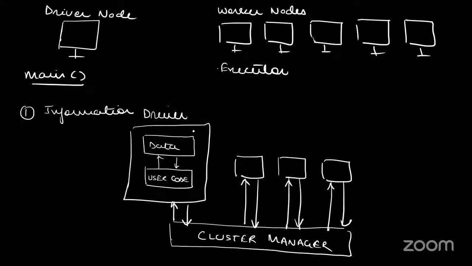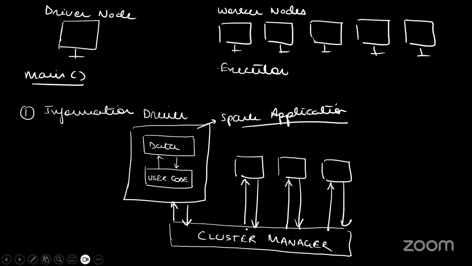The Spark application will be running here, and it will receive information from the cluster manager regarding the availability of resources. The moment a node becomes empty, the moment the node has finished processing the data, the cluster manager will report to the Spark application running on the driver node that we have an empty node. Please send more data.